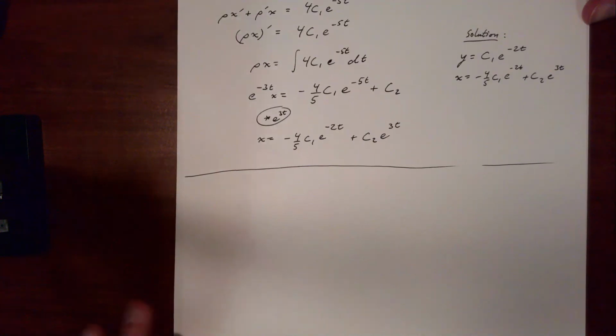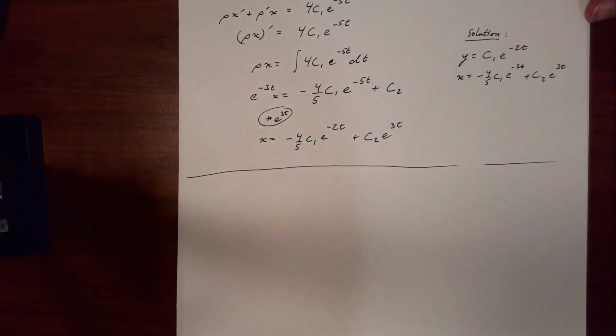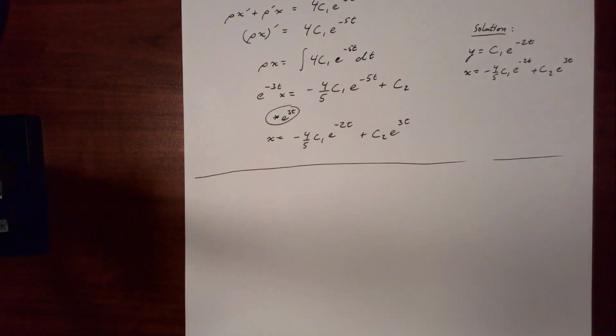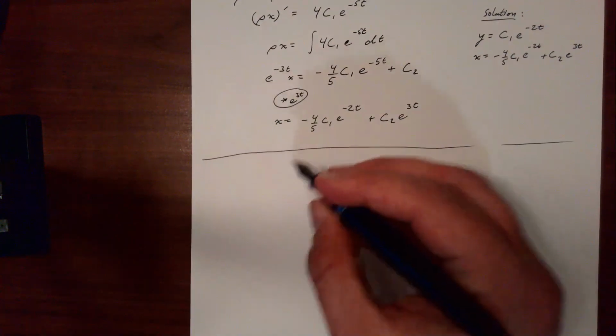All right, so this is how we can solve this relatively limited category of systems of differential equations, where we have specifically a partial coupling. So one of the two is uncoupled from the other variable.